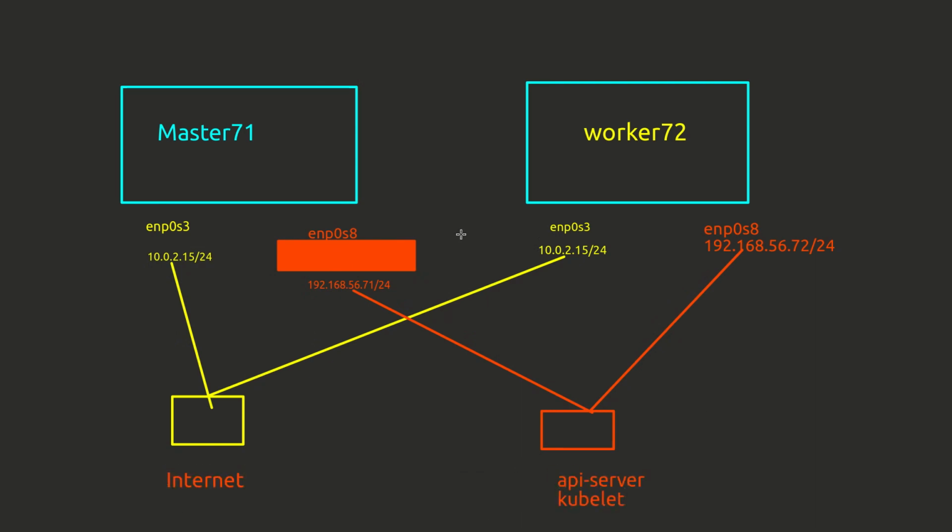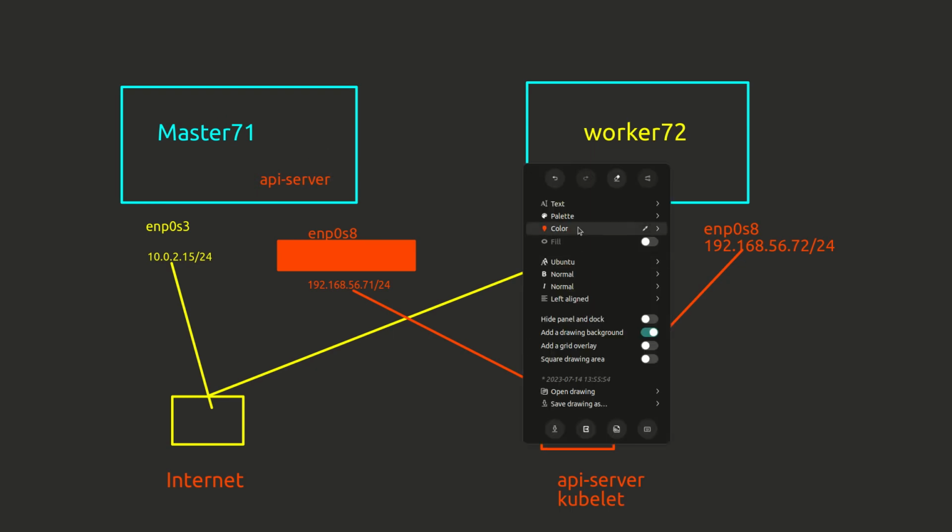Okay, as you can see, this is my laboratory, and I have a Kubelet service in my worker node. This Kubelet service is trying to access the API server in my master node.